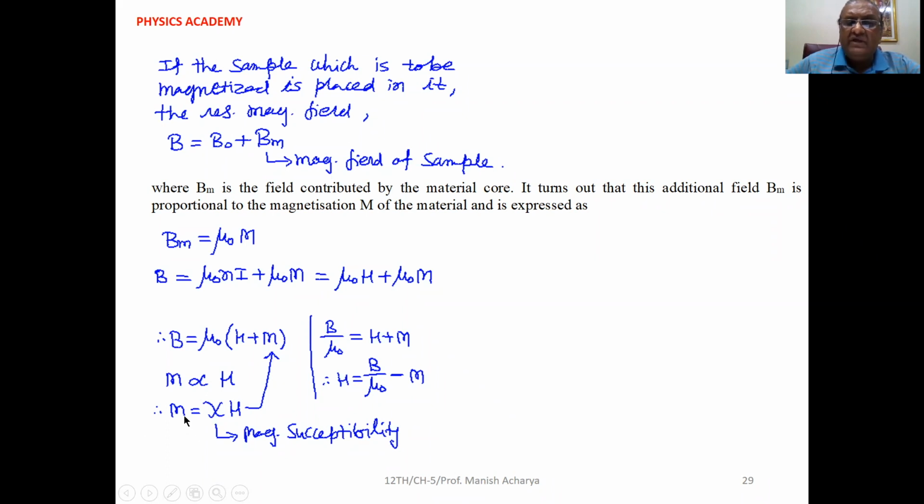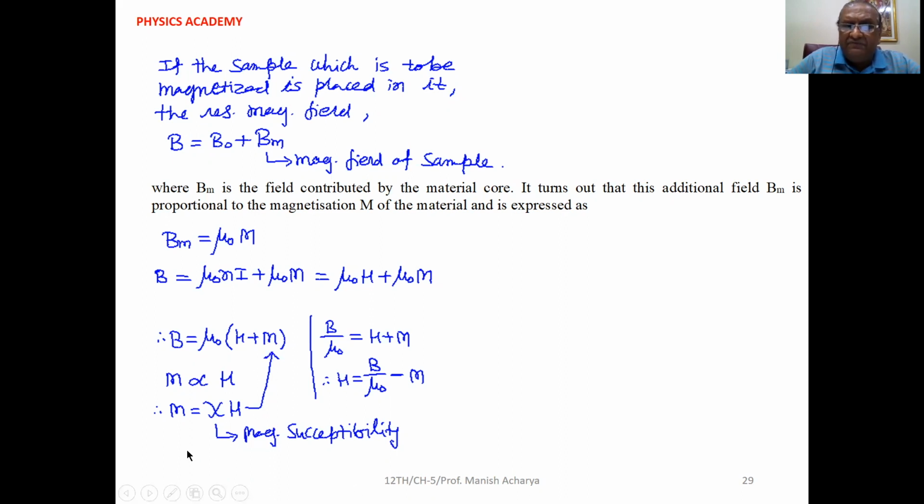Okay. So M is equal to chi H, where chi is known as the magnetic susceptibility of that particular sample. Magnetic susceptibility is the susceptance of the magnetic field by the sample.